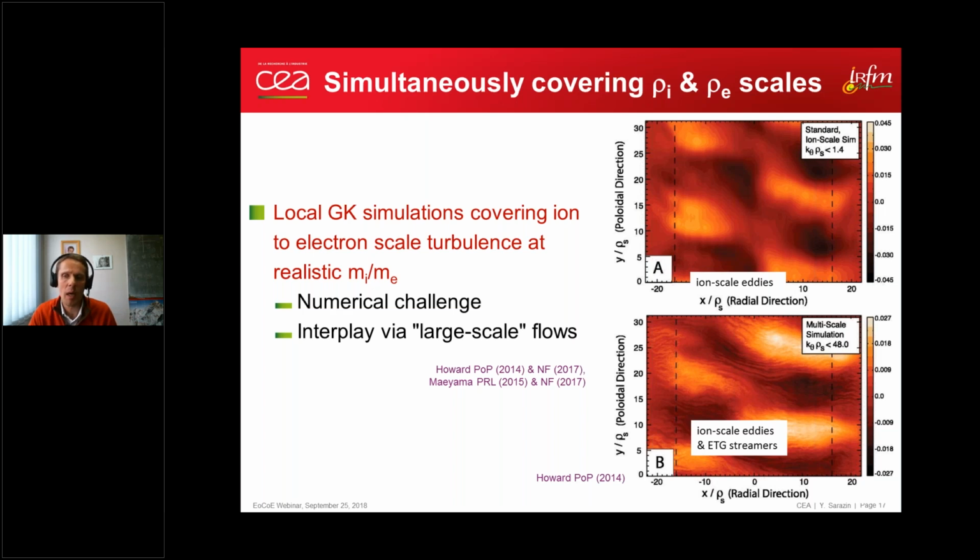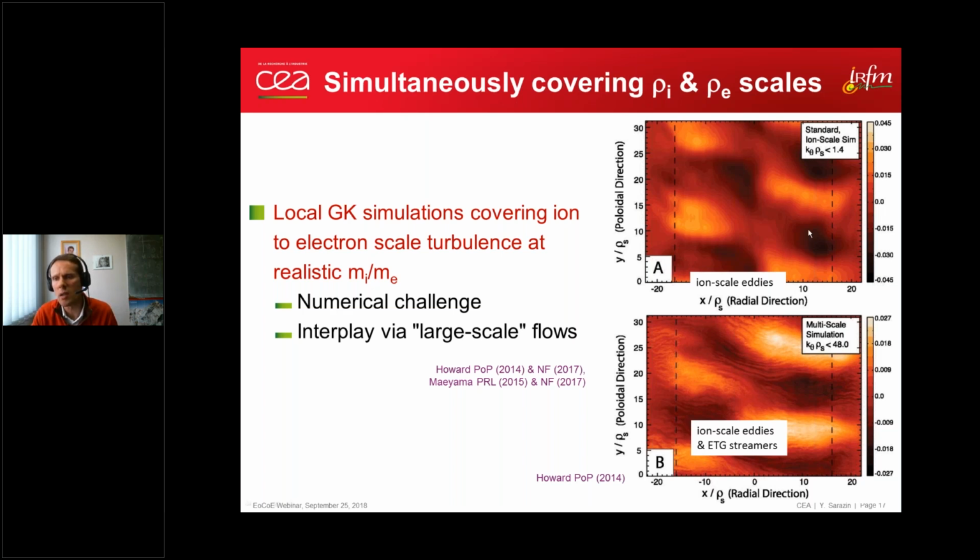And treating the right mass ratio is extremely difficult, because then you have to account for the true difference of scales between ions and electrons, and the ratio between the two scales is of the order of 60 in this case with the right mass ratio.